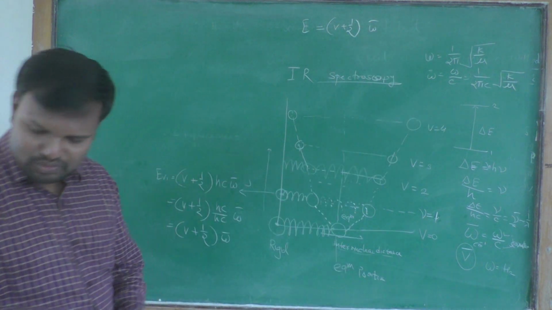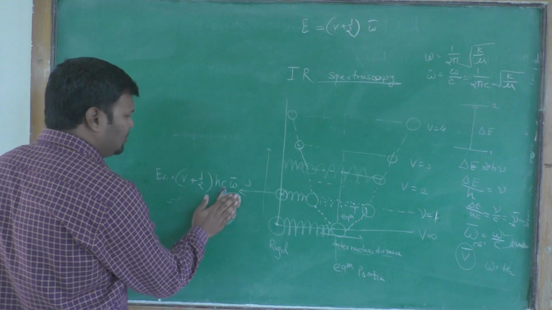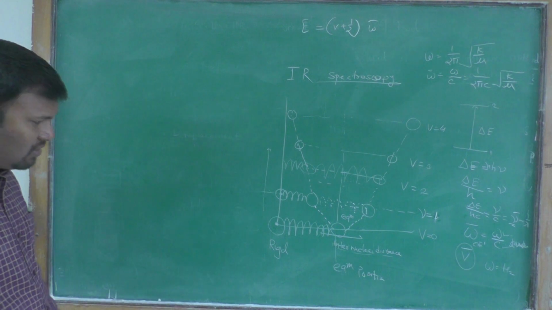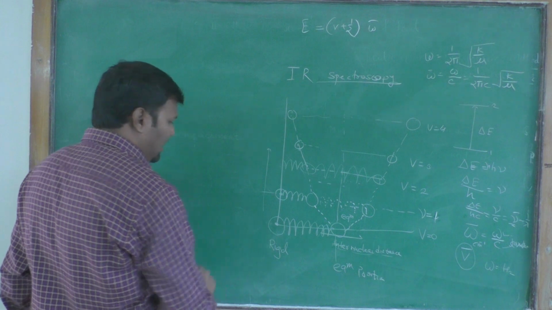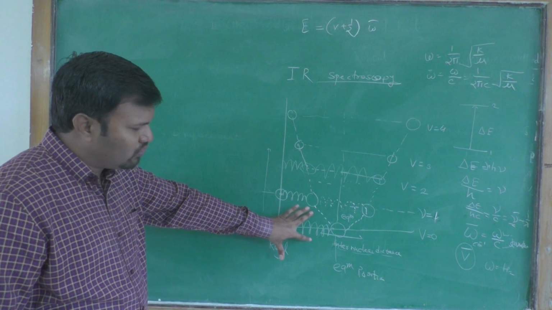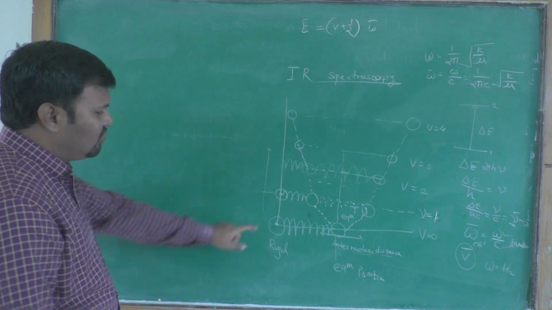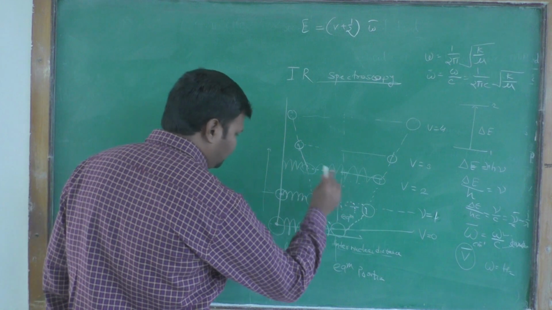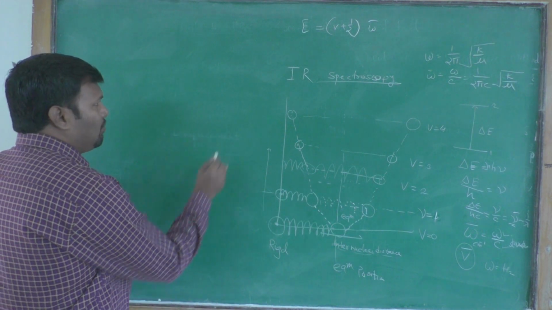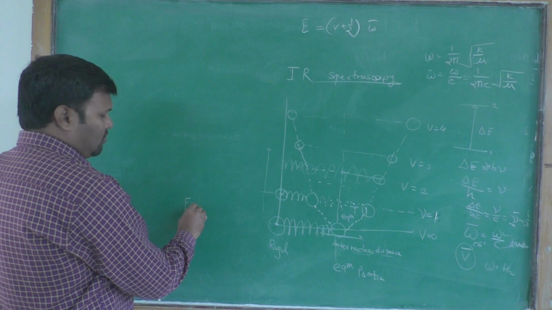By using this equation, you can find the energy of each level. When we studied microwave spectroscopy, the energy in the first level was 0. But let's find out what the energy is here by putting V equal to 0.